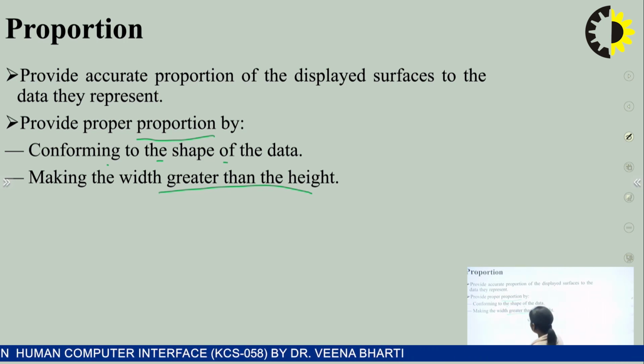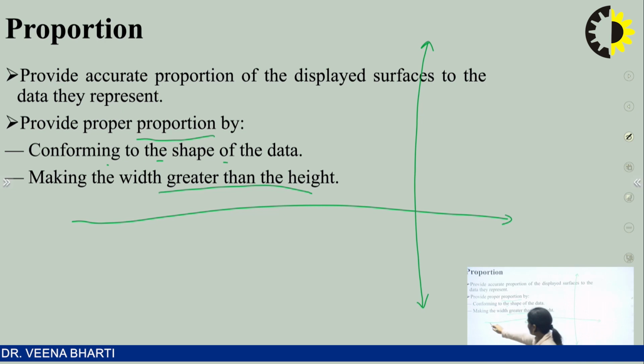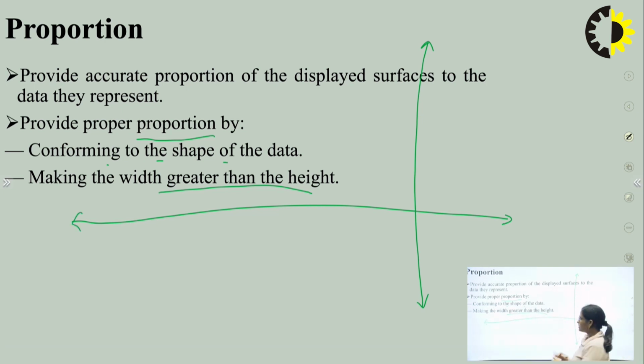If we are viewing this screen, this represents the height of the screen and this represents the width of the screen. So for showing any screen clearly, we have to make the width greater than the height. So this is the ratio of our width to height.